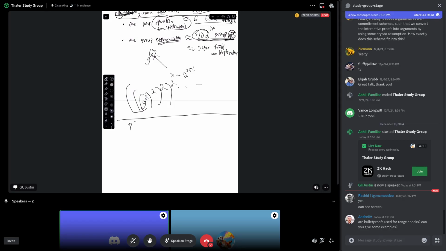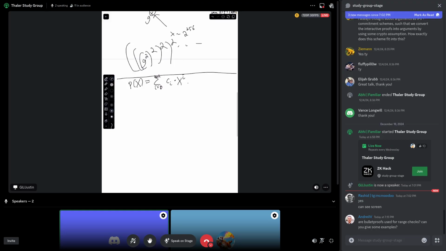But for concreteness, let's say the polynomial we want to commit to is univariate: the sum over i of c_i times x to the i. The commitment to this polynomial is just a Pedersen vector commitment to the coefficients of the polynomial, c_0 up to c_{n-1}.